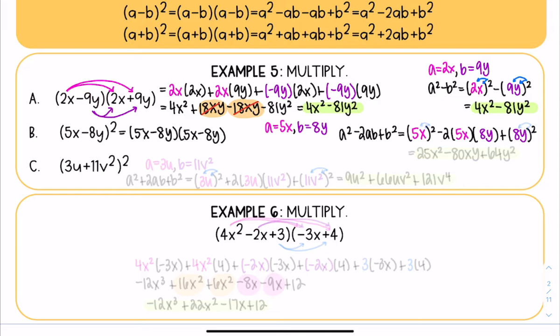Again, you want to make sure you distribute the power to both pieces. And so we get 25x squared. We have negative 2 times 5, which is negative 10, and negative 10 times 8 is negative 80. And we have xy plus 8 squared, which is 64, and y squared.